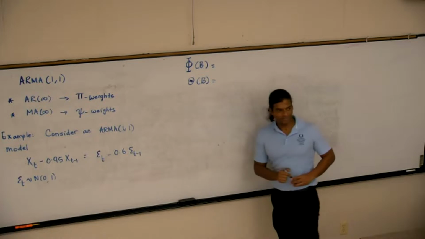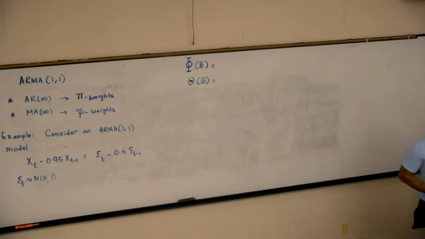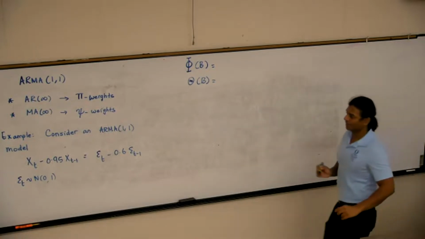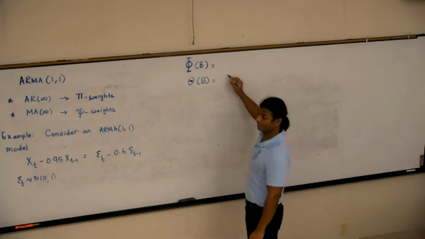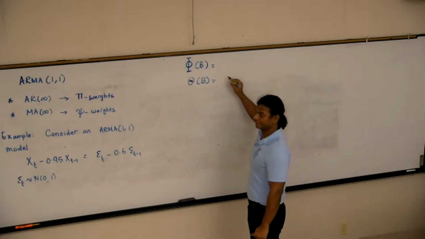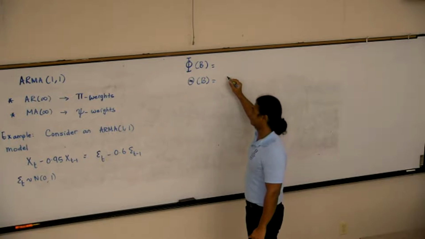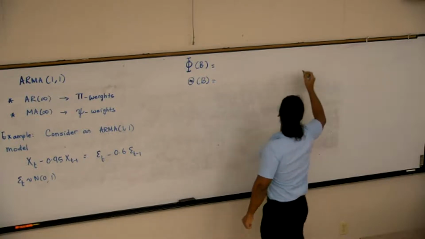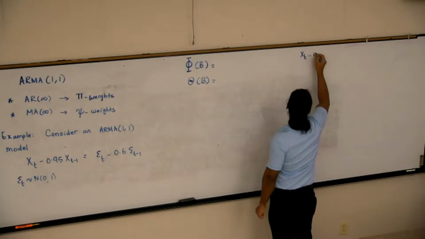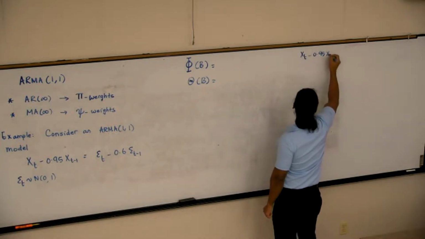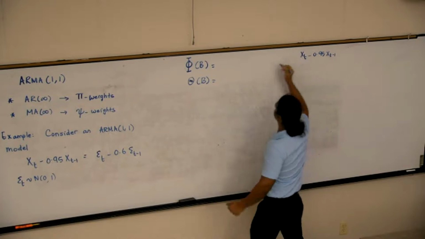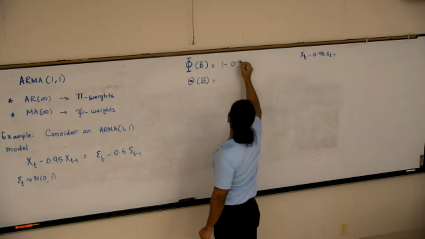By looking at it, you should know. I'm probably going to reverse this again, but you've got to pull out the X. No. Xt minus 0.95 Xt minus 1. Or is it just 1 minus 0.95B?